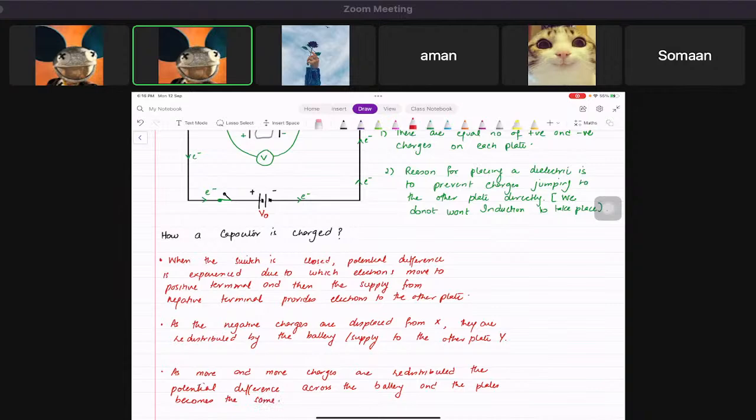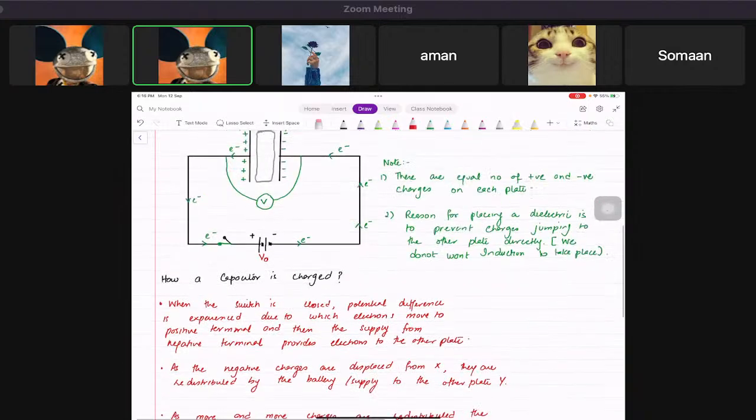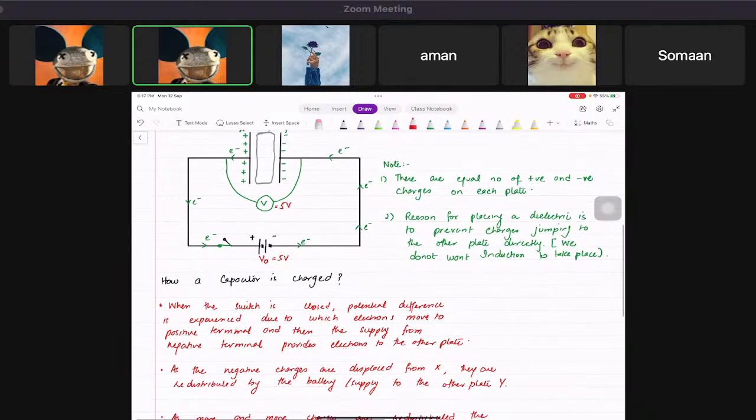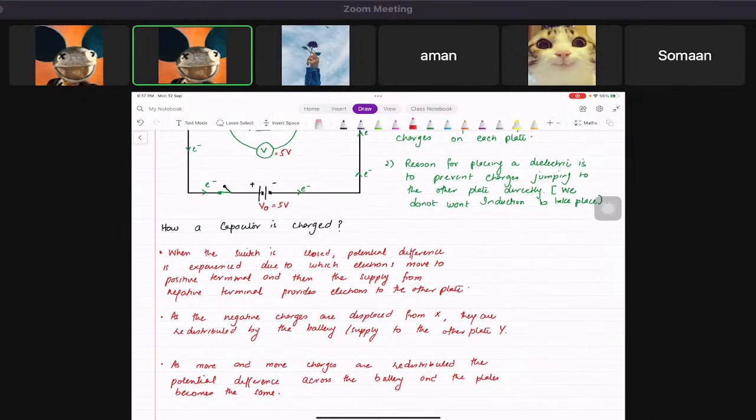What I mean by this is, initially both plates have no potential difference because equal numbers of charges are there. But let's suppose the supply is 5 volts, so the voltage across the plates will keep on increasing as the redistribution occurs. The moment it also becomes 5 volts, it becomes the same.